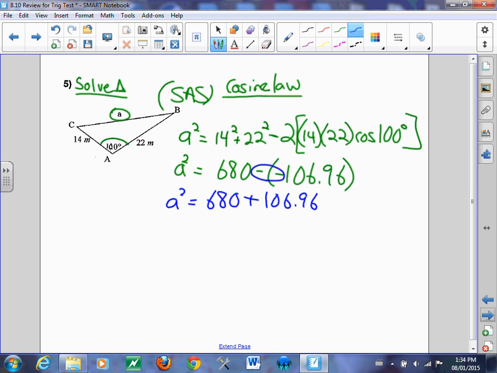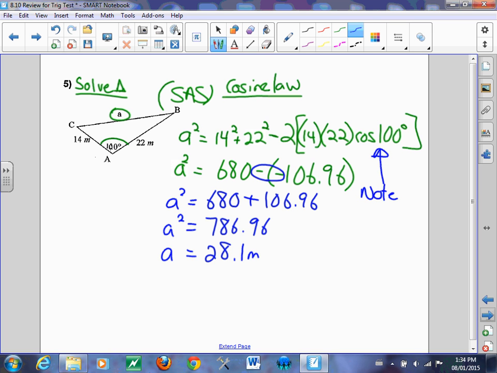You'll learn about that when you do your sinusoidal and trig units next year. Plug it in your calculator, folks. Total it up because you're adding this time. That's a different thing. I'll put that in a note in a second. Take the square root, folks. A equals 28.1 meters.